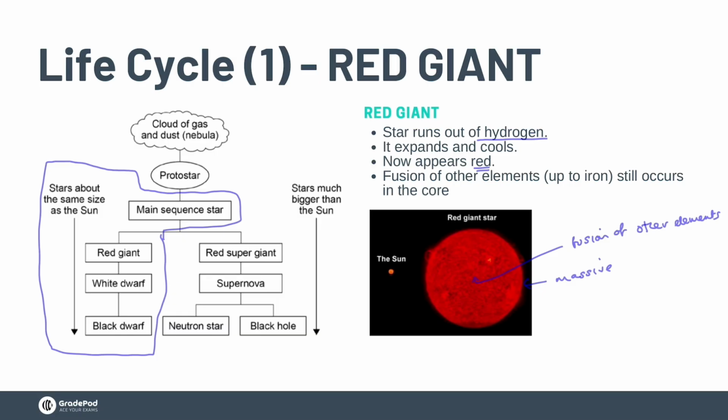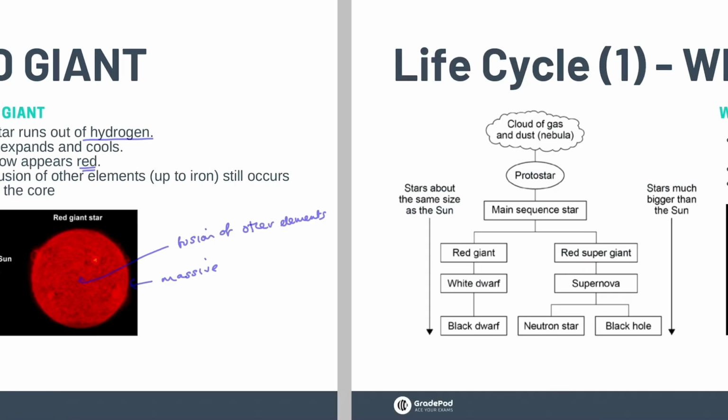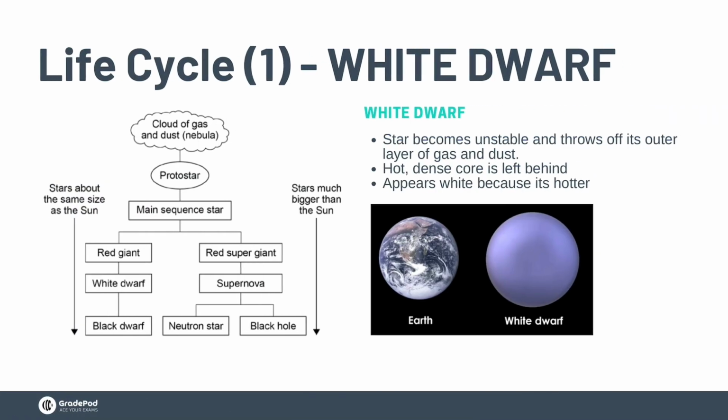Oxygen and carbon and nitrogen will all be fused inside the core. But the outside of the star will get big and it will cool down and look red. So after it's turned into a red giant, it goes the exact opposite and turns into a white dwarf. Now you can see the relative size of a white dwarf in comparison to the Earth.